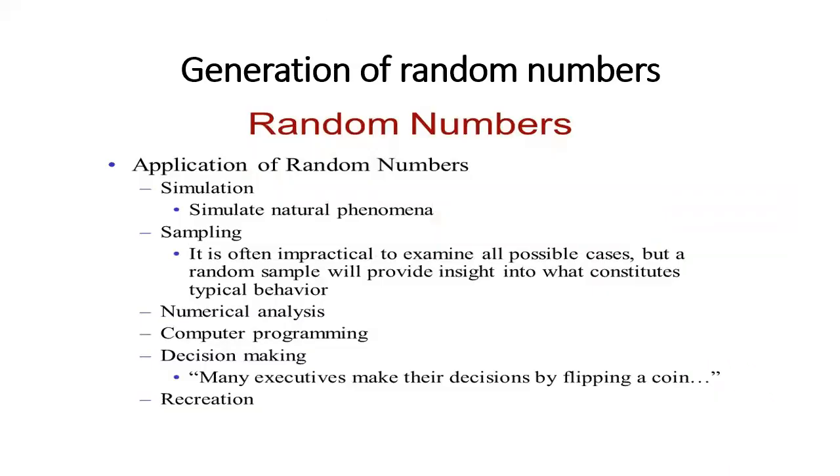We will also see how to generate random numbers with the help of simulation. Applications of random numbers, simulation of natural phenomena, and sampling techniques combine, and we are able to generate random numbers. Then we use them for numerical analysis, computer programming, decision making, and recreation of data.